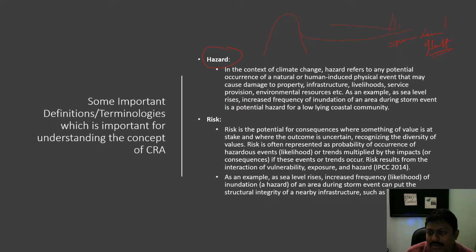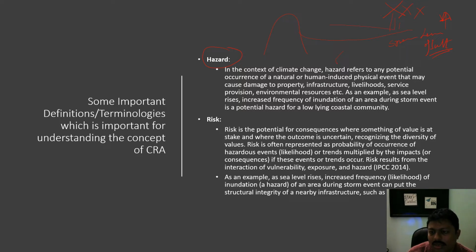When that level is crossed due to the sea level rise and submergence of land, the coconut plants will suffer, and the livelihood of all the families related to this coconut plantation will suffer. So that is being defined as a hazard.